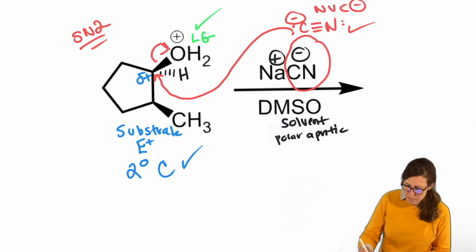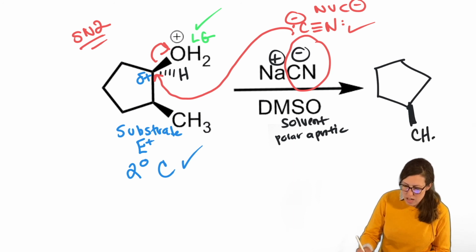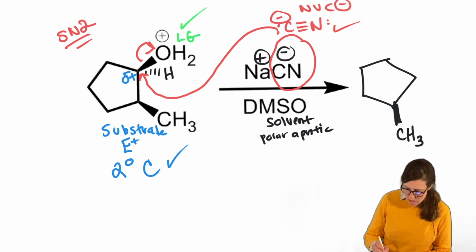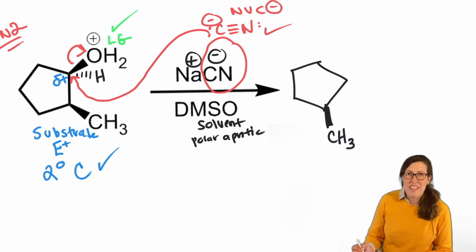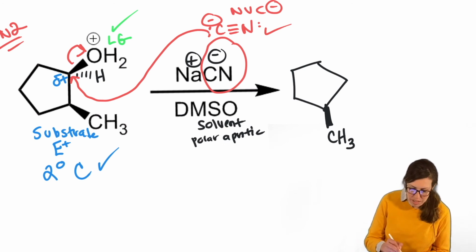Water leaves. We had a stereocenter. We had two actually. This one, it did not go to that party. It stays the same. Nothing happened to it. The methyl stays on a wedge. Only the carbon that reacted should be the one inverted.